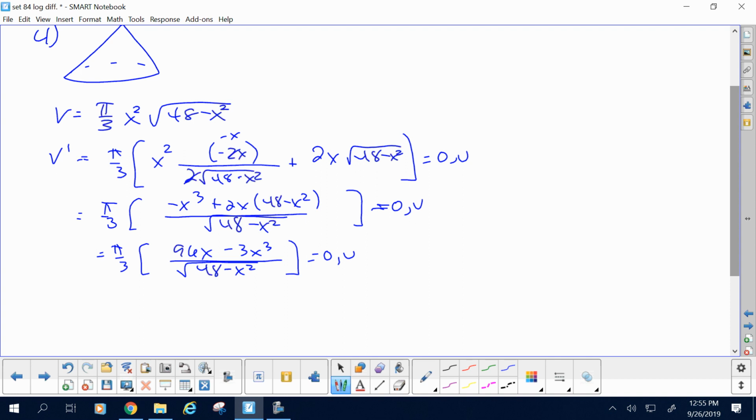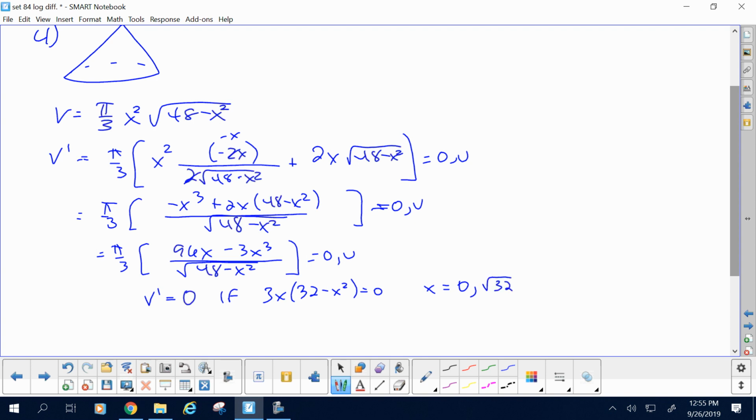Cool. All righty then. Wouldn't you agree that v prime is 0 if 3x times 32 minus x squared is 0? What critical numbers does that yield? 0 and square root 32 or 4 root 2.